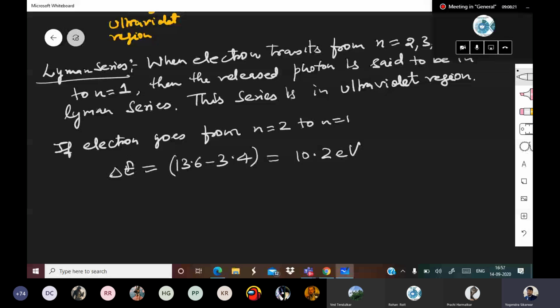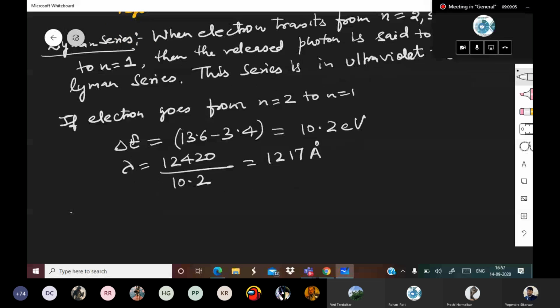So lambda is equal to 12420 upon 10.2. Someone please do the calculation quickly and tell me the value. That comes out to be 1217 angstrom, right?